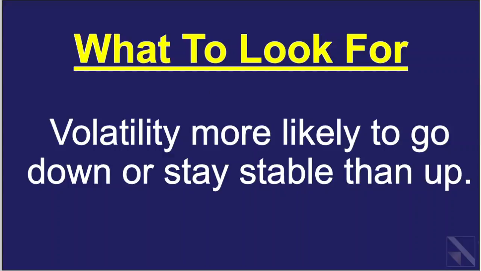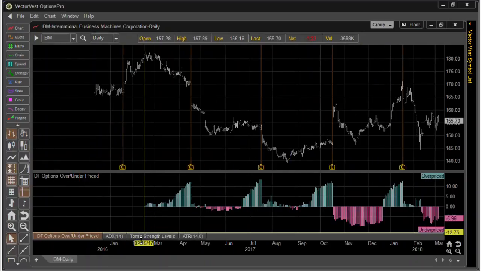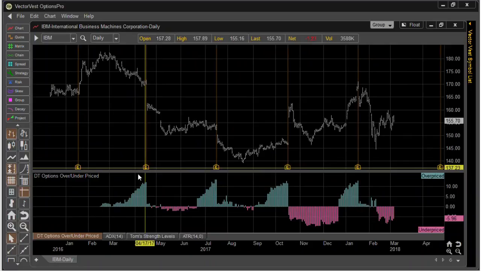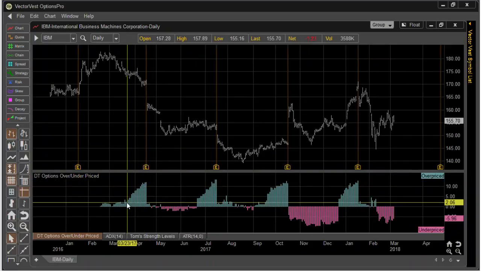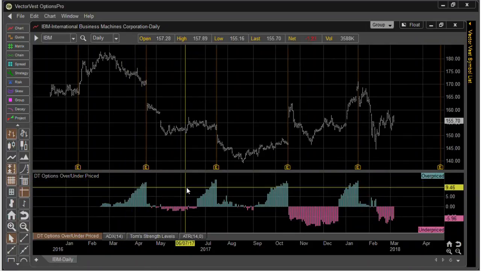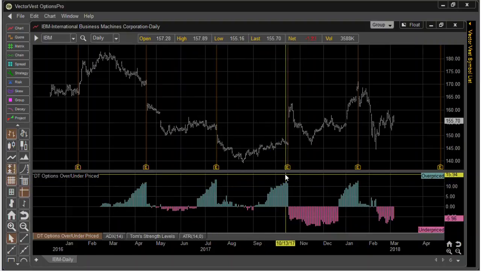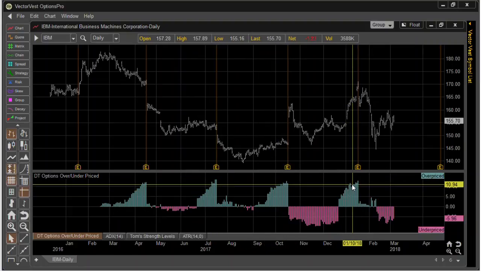Now, I'm going to go a little off the cuff here, and that's with just IBM. Take a look at IBM. You can see how earnings really affects how volatility goes. Look at that rise as we get closer and closer to the earnings date. And do you see how it tops like right here?